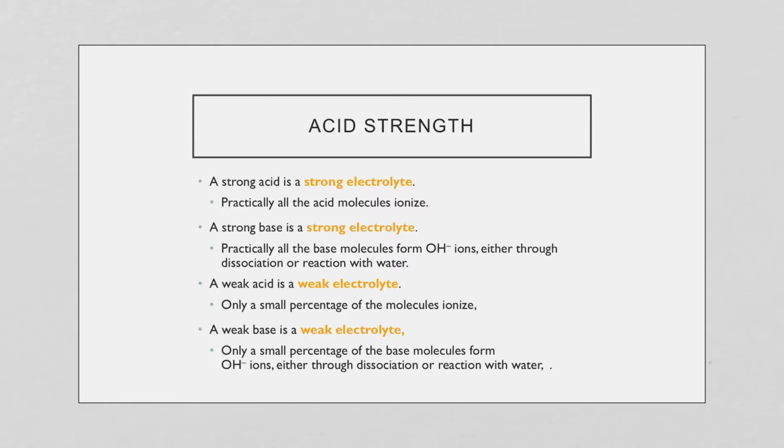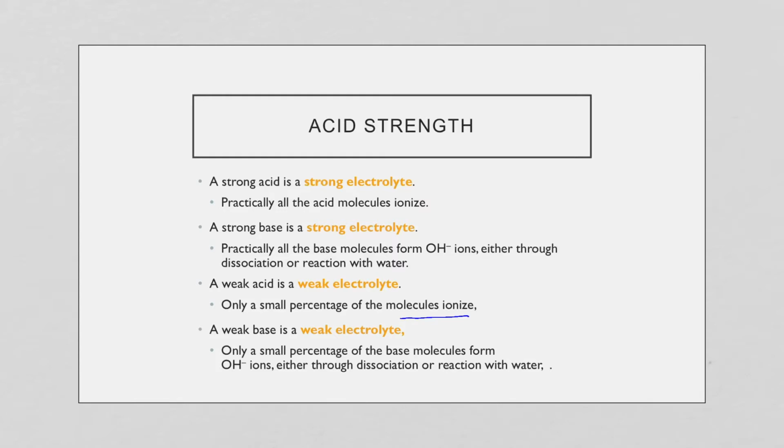Now, if we call something a weak acid or base, it simply means that only a small percentage of the molecules get converted into the ion. And so with a weak acid, only a small percentage of the acid molecules ionize in the water.